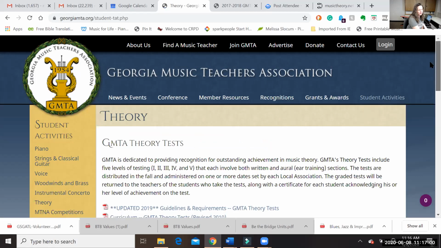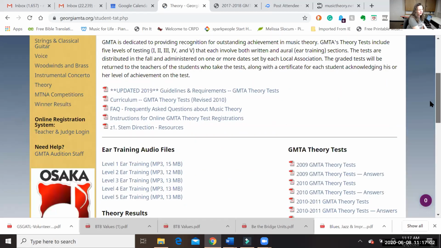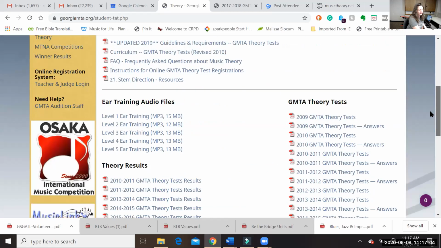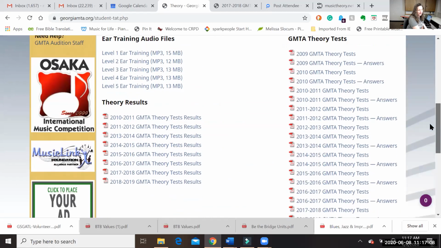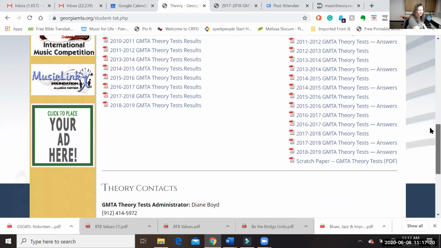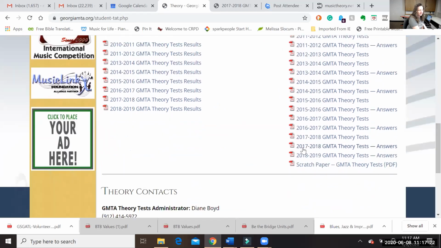and that will take you to a new window which will show you several different things, including ear training files, theory test results from past years, and then on the right hand side over here you'll see the past GMTA theory tests. So they always post past years' tests that we can use for practice, and you can see the 2017-2018 theory test answer file as well as the test file.